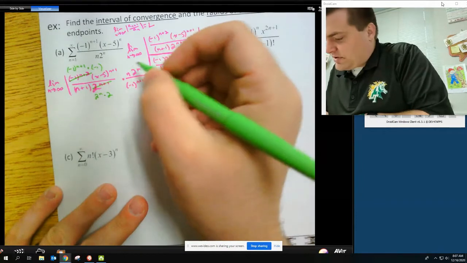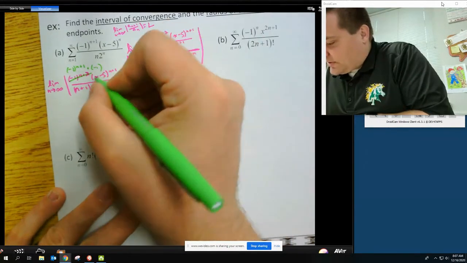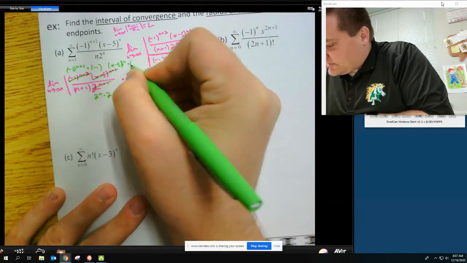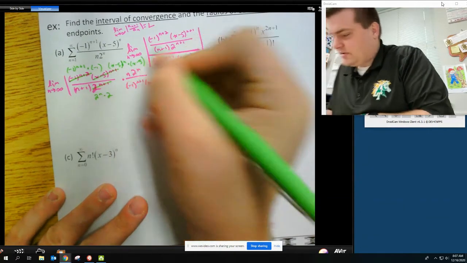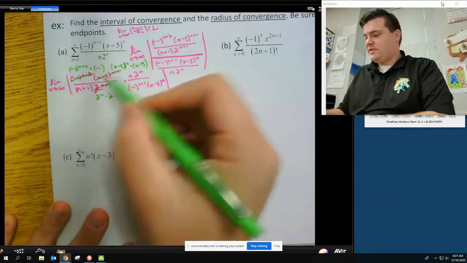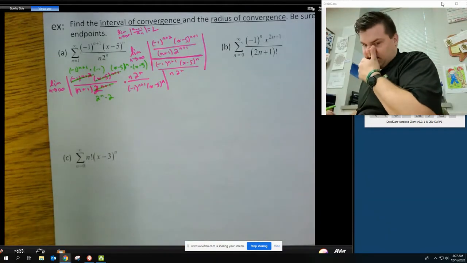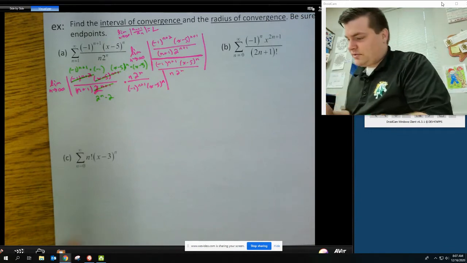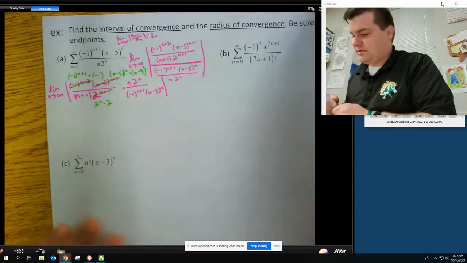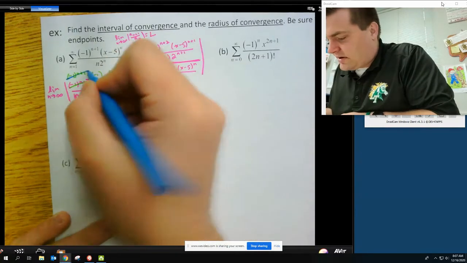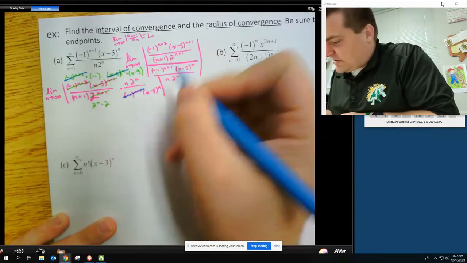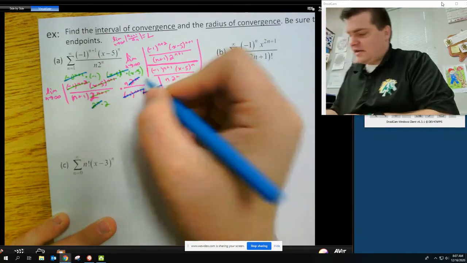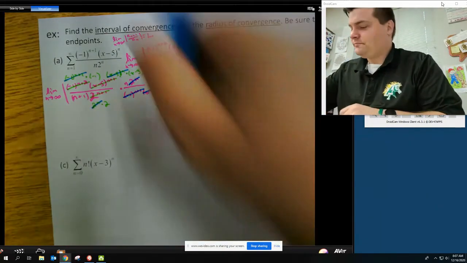And the last one: this x minus 5 is really going to turn into x minus 5 to the n times x minus 5. So I'm just canceling these out, writing the greens right above. I'm double checking my work here. Yeah, I'm going to have the n and the 2. So this cancels out right there, this cancels out right there, and this cancels out right there. The only thing on the original I'm left with is just n.